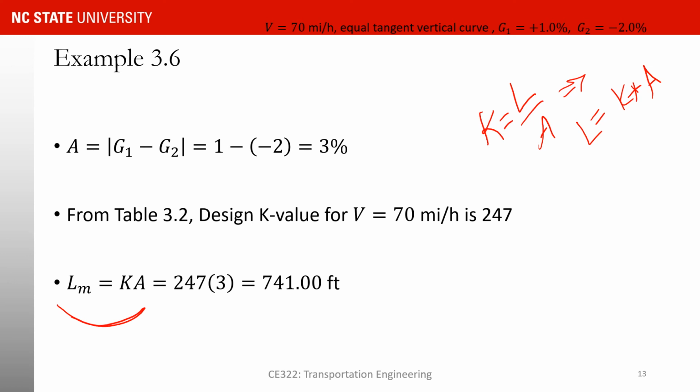L is going to be equal to K times A, or 247 times 3, or 741 feet. You will see that it's just slightly different than what we found from the other equation, but we know that this is more than 730 feet of stopping sight distance, so it is okay, and we can use this value for the minimum length of the curve.